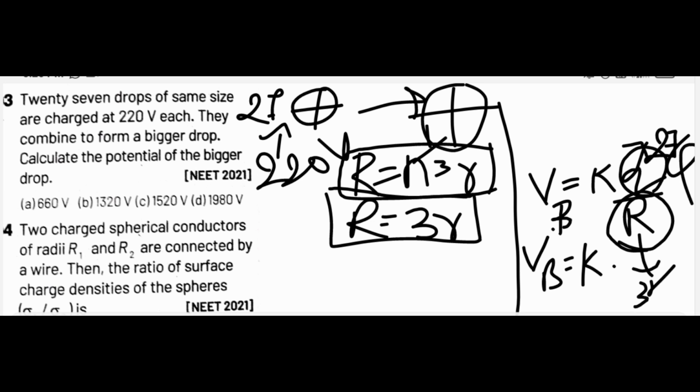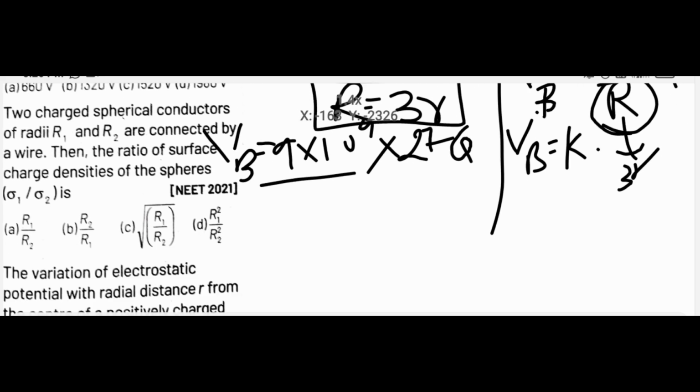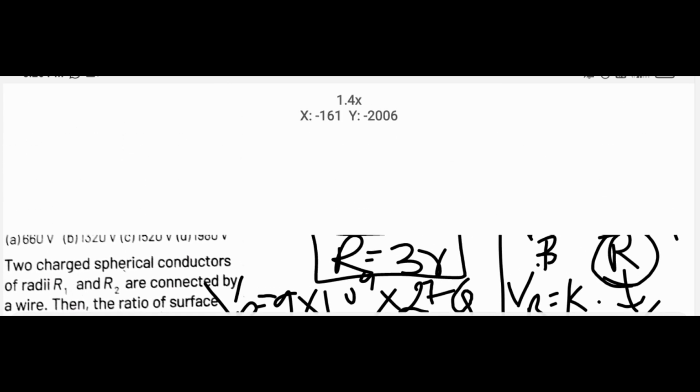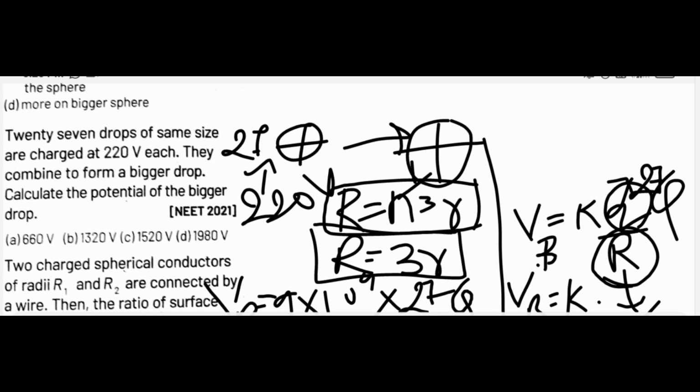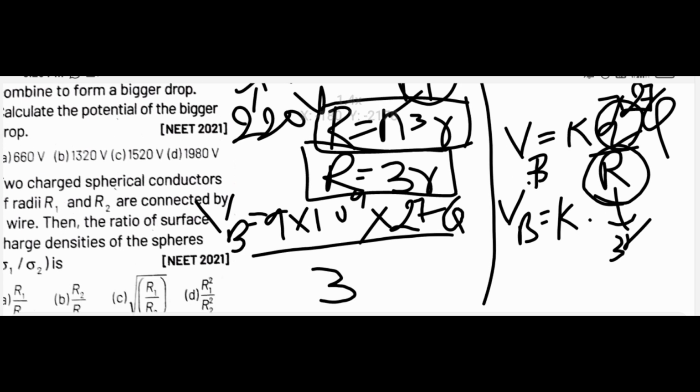From this, V of the bigger is equal to K, that is 9 into 10 power of 9, into 27q divided by 3r.